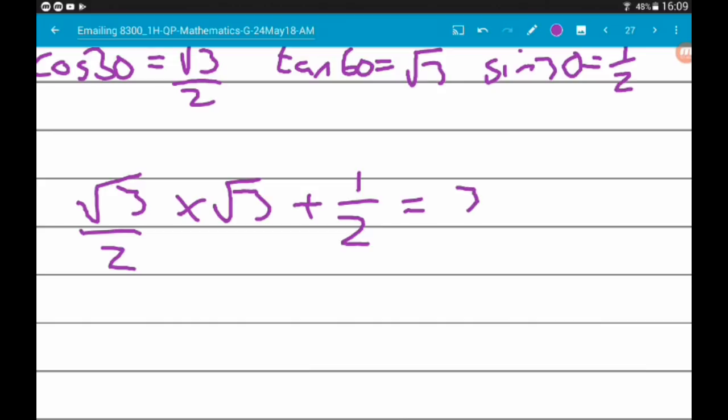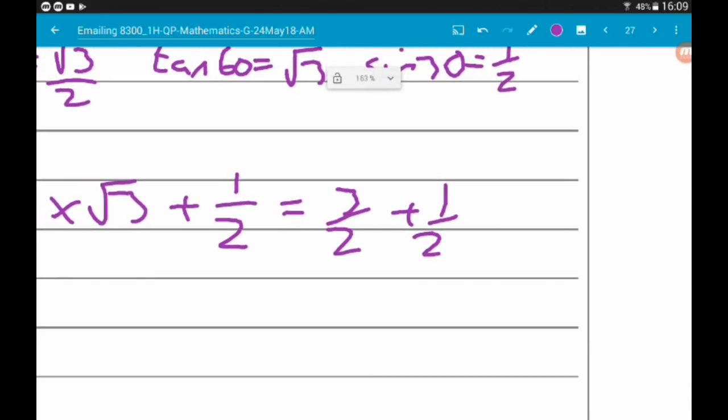So that's 3 over 2 add 1 over 2. That's going to give us 4 over 2, which gives us 2, which is an integer. There we go. Job done.